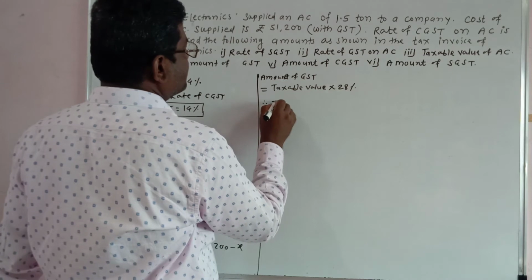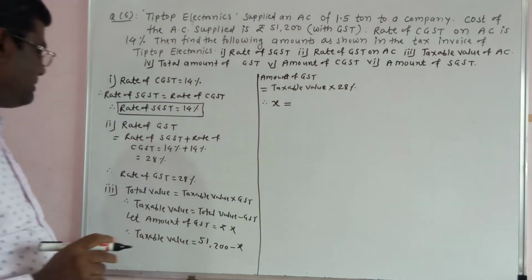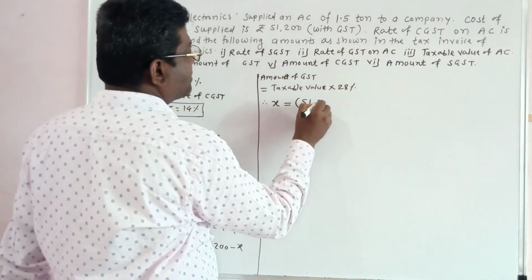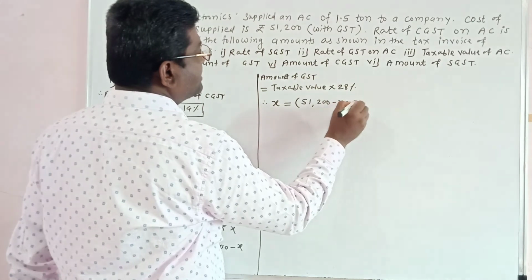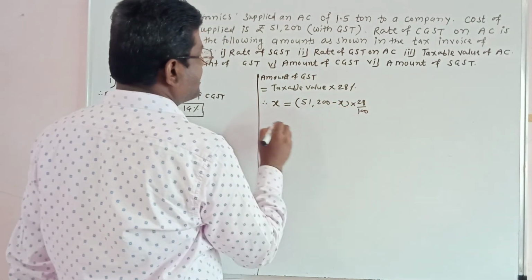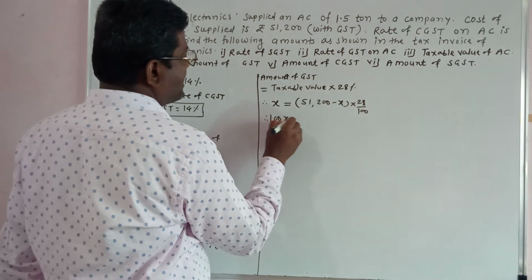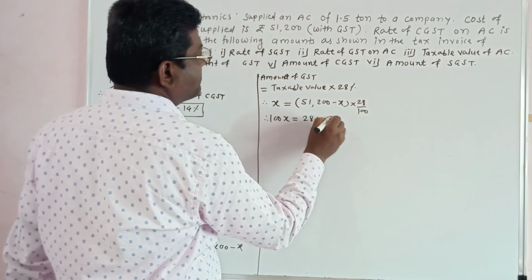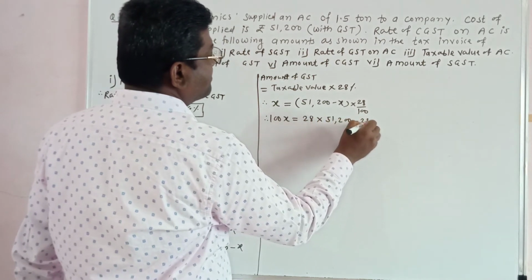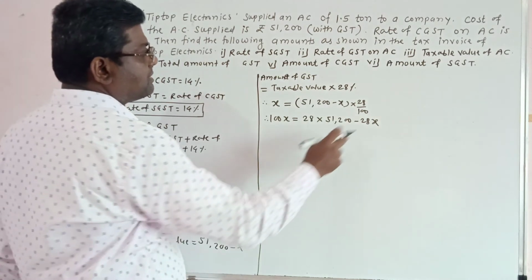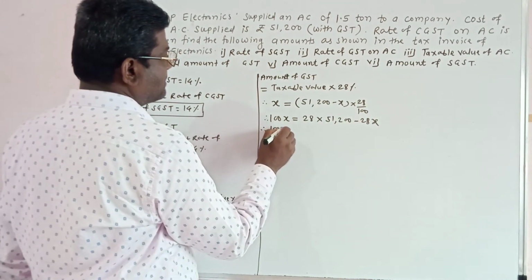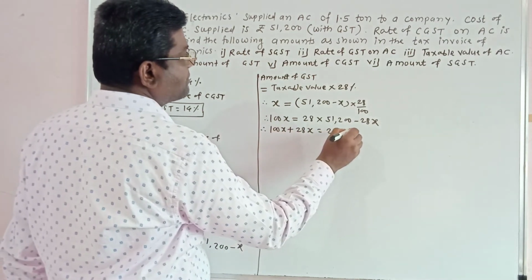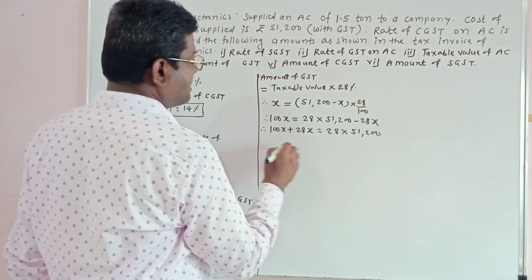Therefore, amount of GST, which we have taken here as X, is equal to taxable value, which is 51,200 minus X, into 28 upon 100. Therefore, 100x is equal to 28 into 51,200 minus 28x. This 28x on the left side will be plus 28x, equal to 28 into 51,200.